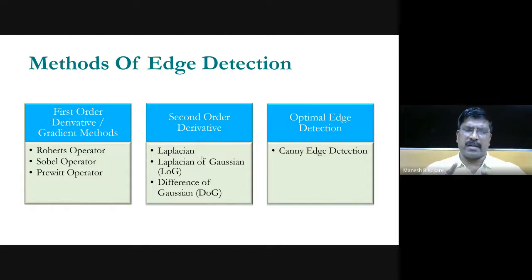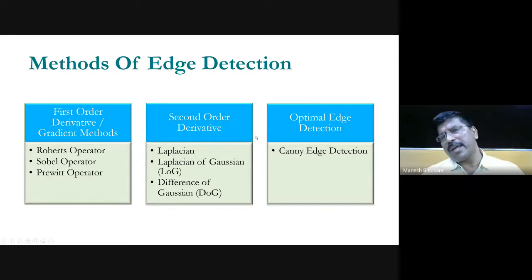That is the first criterion. Second, the edge should be 1 pixel thick. Sometimes with the Sobel operator you get more than 1 pixel thick edges. And third, noise should not be there. All those first order or second order derivative methods suffer from these kinds of problems.